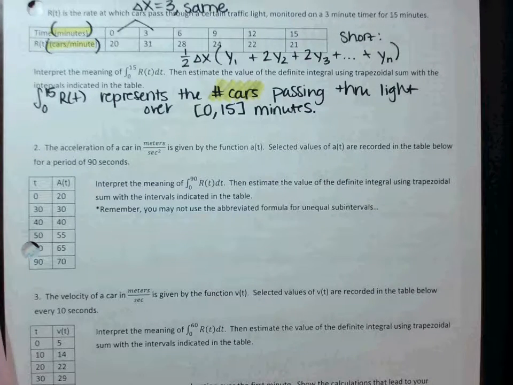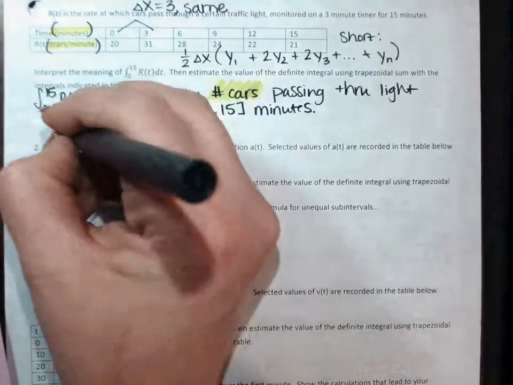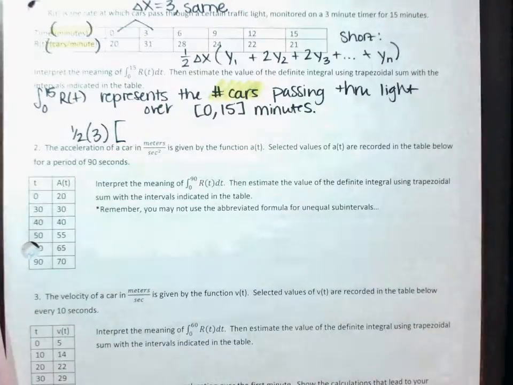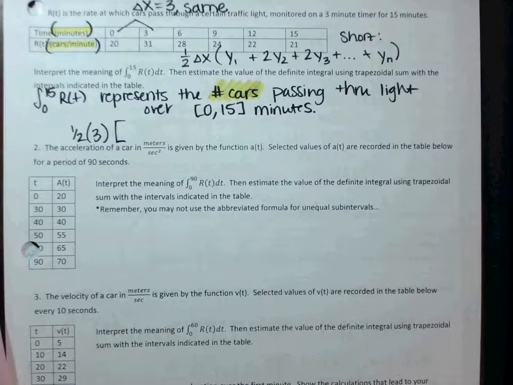So, for this question, I'm going to put my 1/2, what did we say our delta x is? Okay, 1/2, 3. And then I'm going to set up a big bracket and I'm going to add all of the y values twice except for which two? The first and the last.